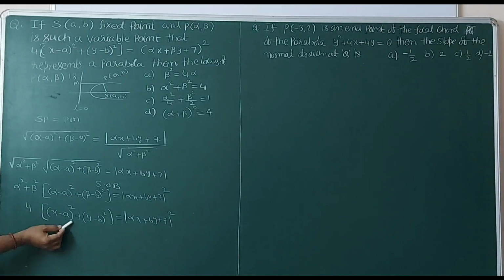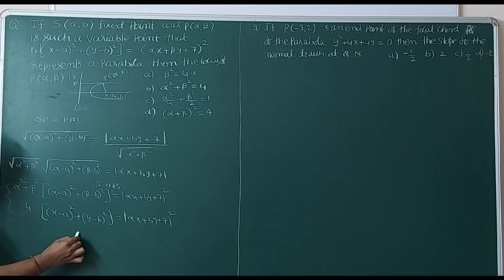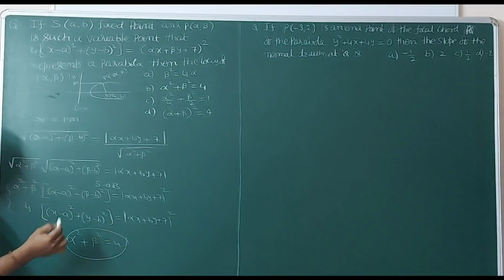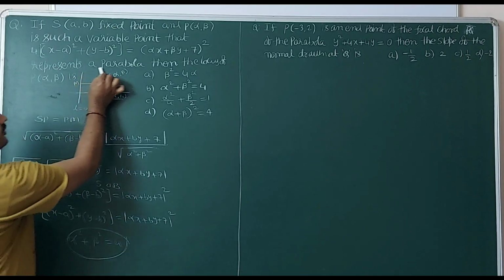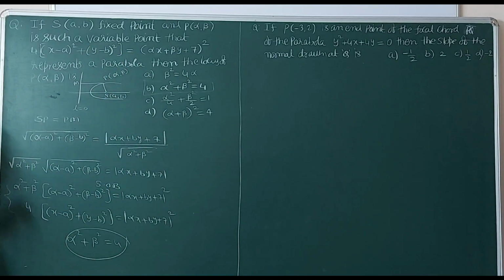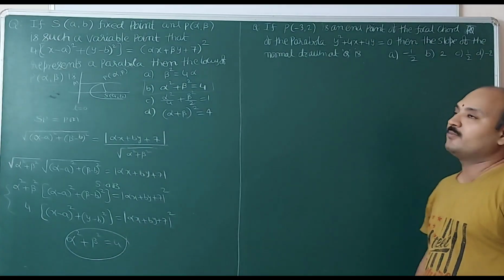These two you have to compare; both are the same form now. So compare: alpha square plus beta square is equal to 4. Whenever this condition holds, it represents a parabola. So the answer is alpha square plus beta square is equal to 4. We got it. Now come to another question.